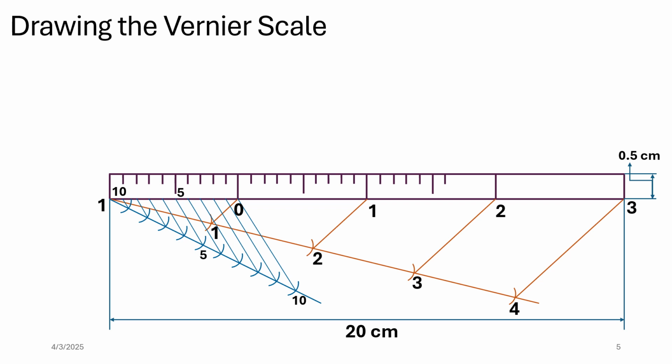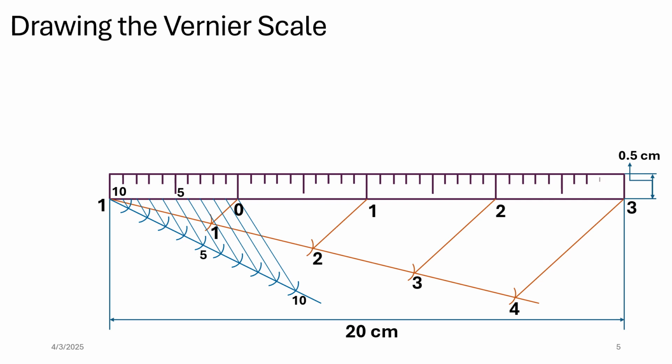Now once it is done, then we need to add one extra division in the main scale. So here is our one extra division taken on the main scale, and then we are going to divide these 11 divisions into 10 equal divisions of vernier scale.